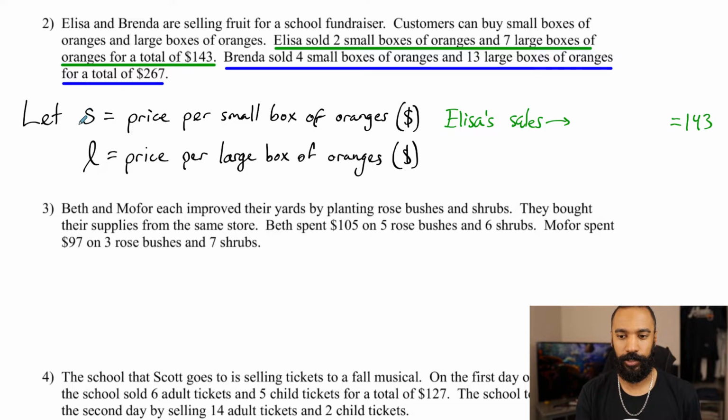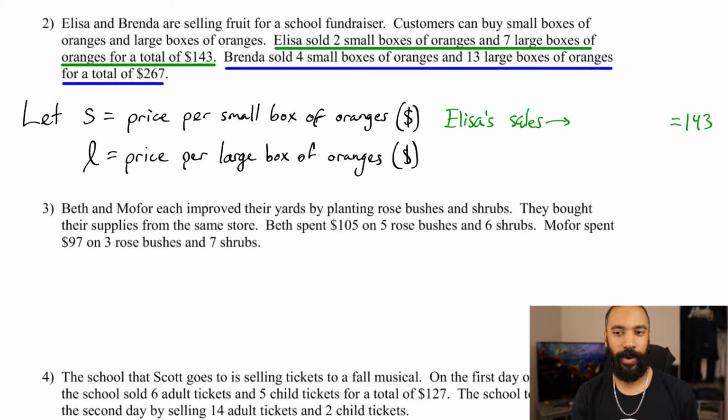You're not wrong. But what you did was you took the number of small boxes that she sold, 2, with the price point of each small box of oranges, 10. Now 10 isn't our real number. We don't know what the real number is, so we use the variable s.